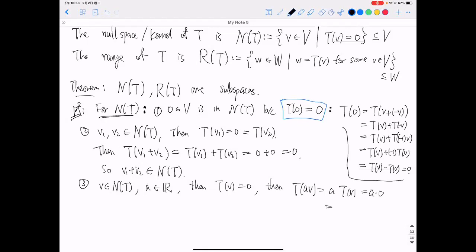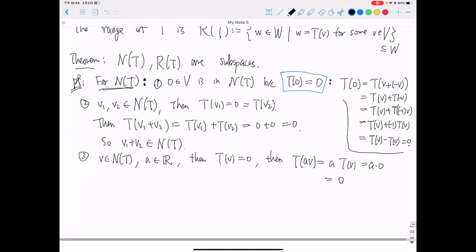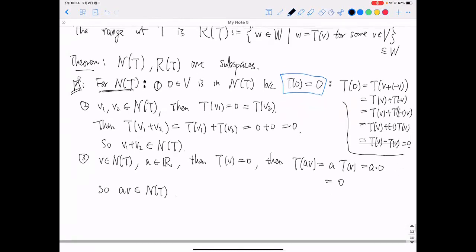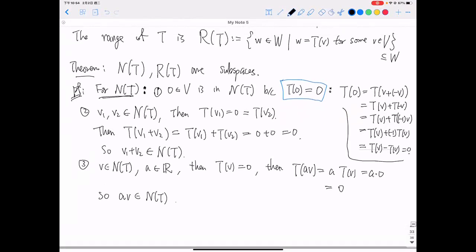And we know any scalar times the 0 vector is the 0 vector. So T of AV is 0. So AV belongs to the null space. And these three properties together tell us that the null space N of T is a subspace.